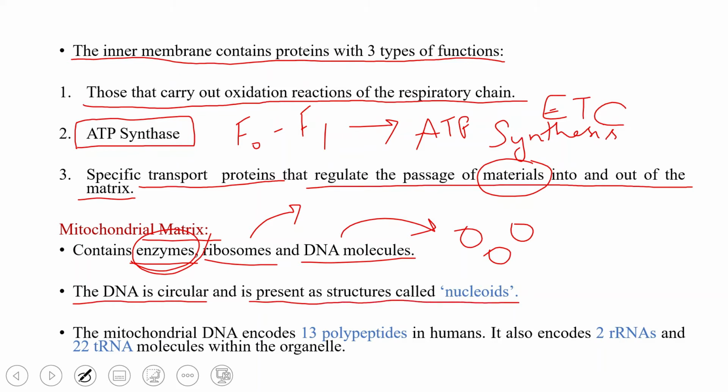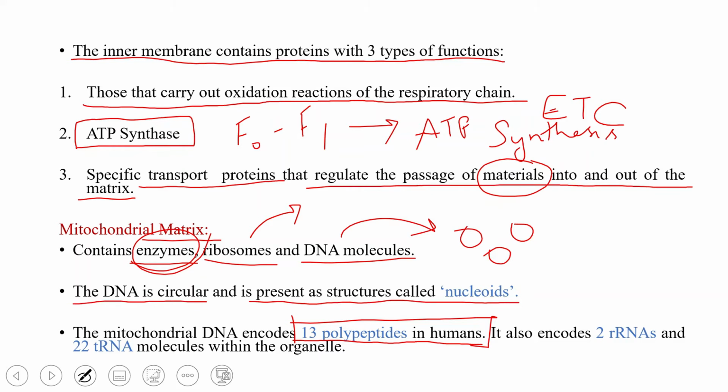This I've already told you. The matrix contains DNA that encodes 13 polypeptides in humans. So the mitochondrial DNA encodes only 13 polypeptides. Do you think only 13 polypeptides are needed for the mitochondrial function? No, it's not so.